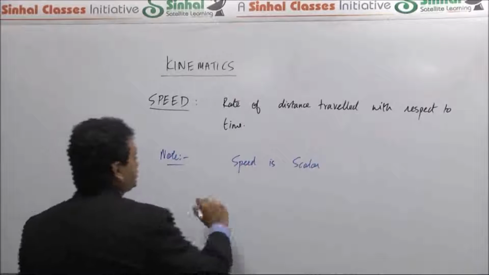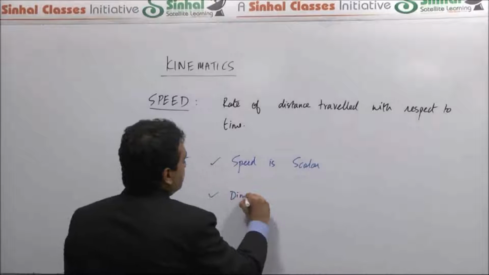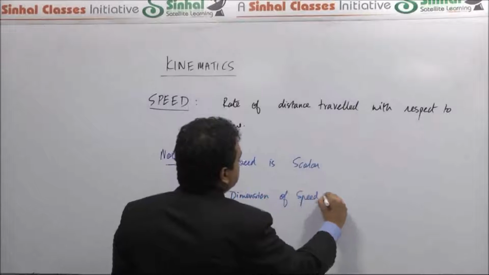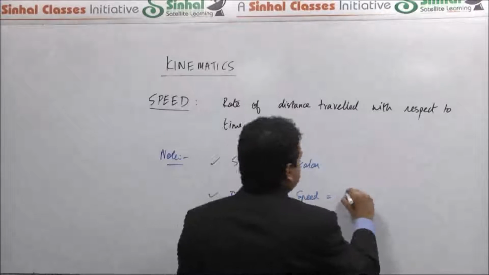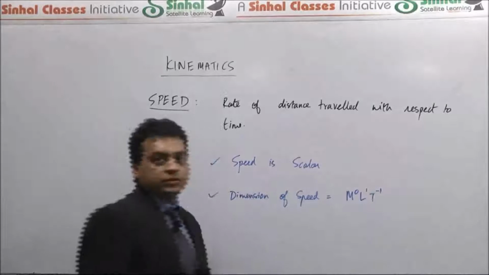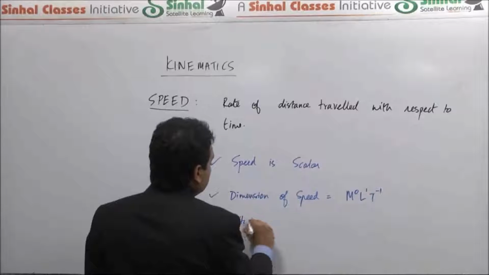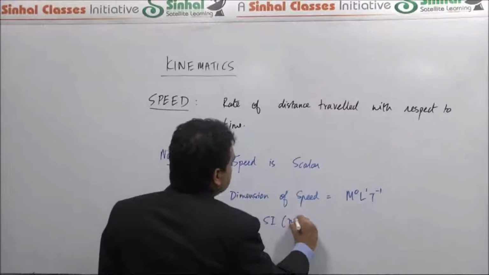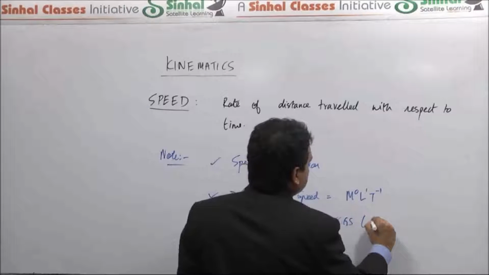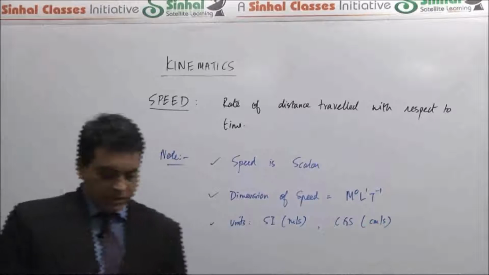And the other thing is that the dimension of speed is length per unit time. The SI unit would be meters per second. The CGS unit would be centimeter per second. So that is the general thing.